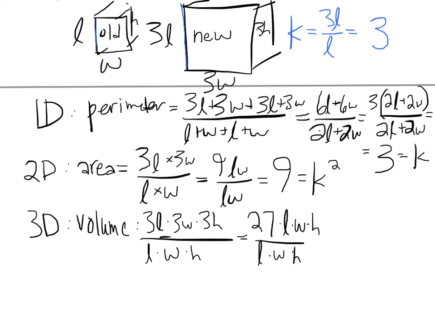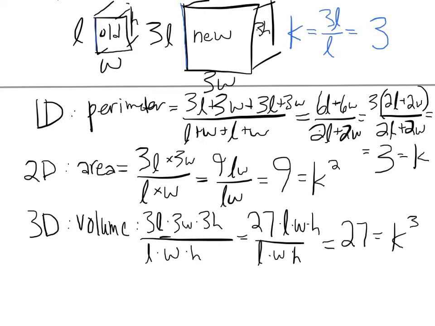I'm just doing that with variables so we can see it's a generalizable case. And we can cancel those out, so we just have 27, which we know to be K, which is 3 cubed. So we're beginning to see how these scale factors relate to one another in relation to the original scale factor and how we're used to finding them.